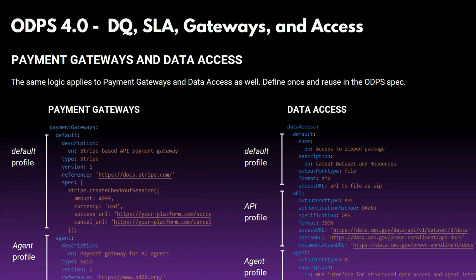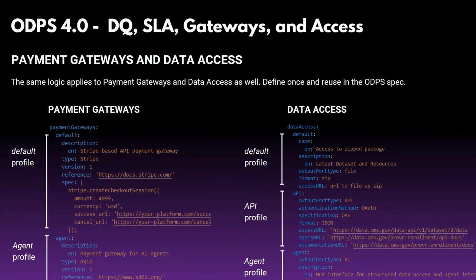And the payment gateways, I'm coming back to it now. So payment gateways pretty much the same. For the humans, you might have Stripe as a purchase channel. So there would be a code that actually ignites the purchase of this data product, for example, the subscription access to the API plan.